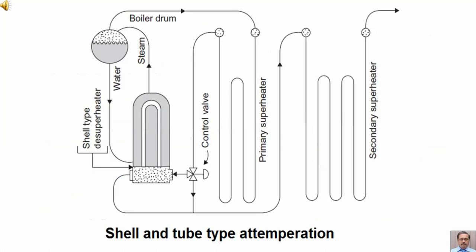In this diagram, we are showing shell and tube type attemperation process. Here we can see there is a primary superheater and there is a secondary superheater.